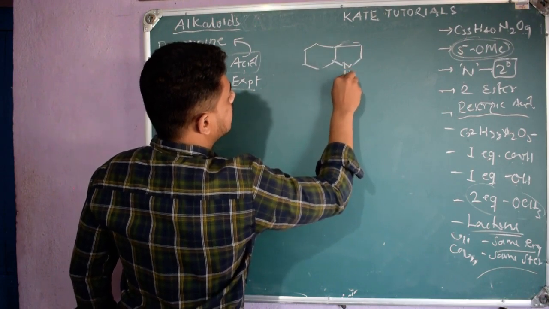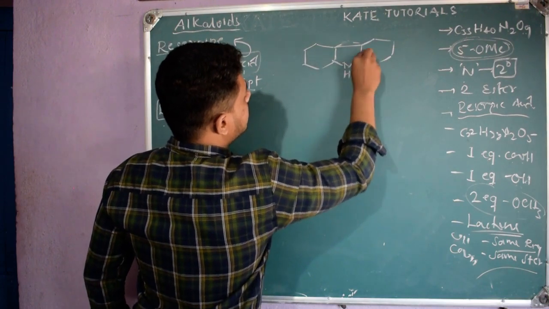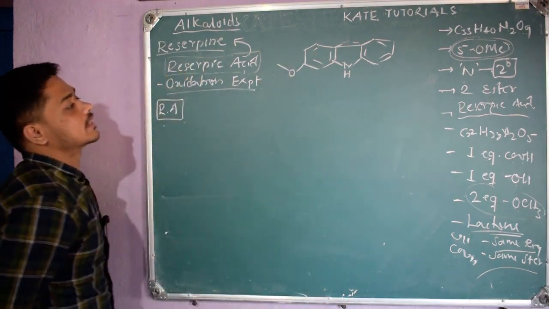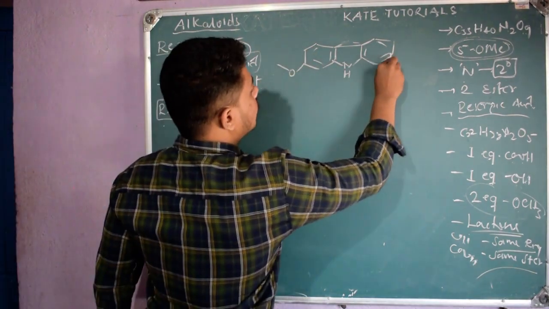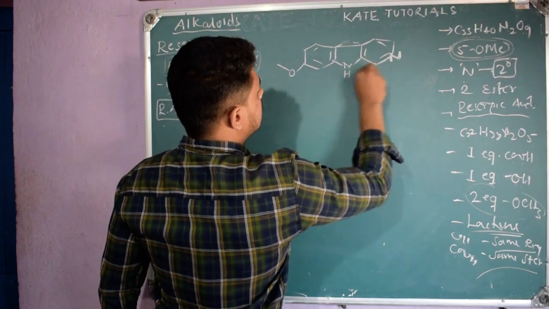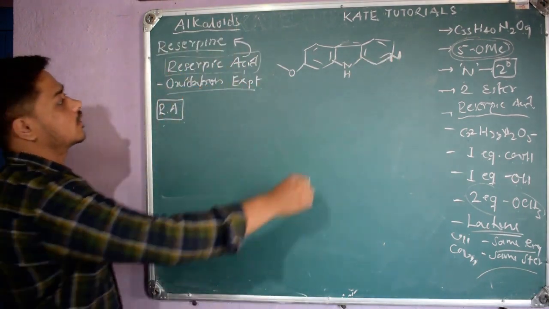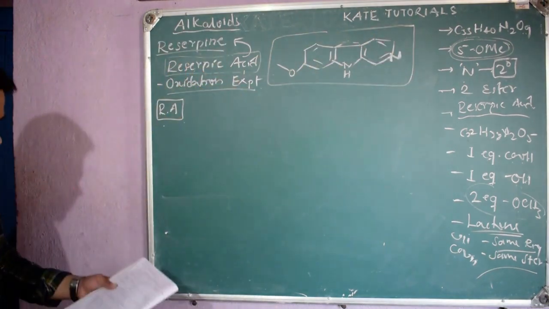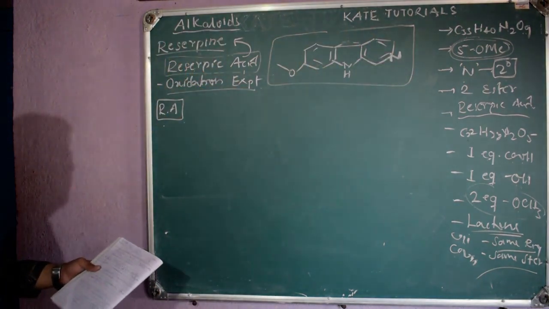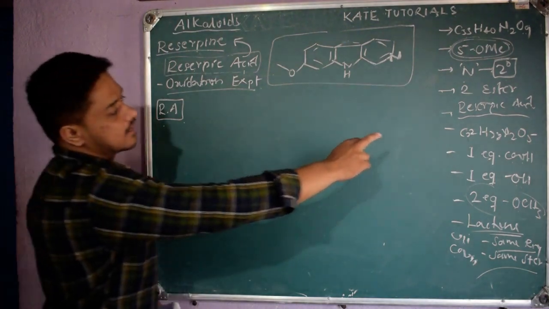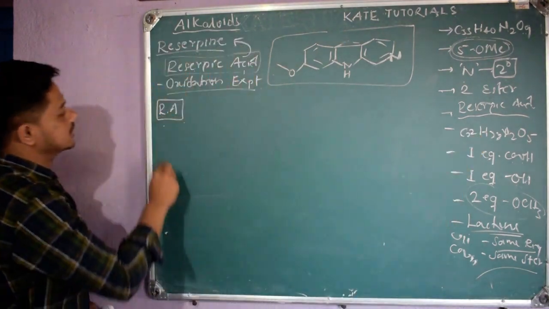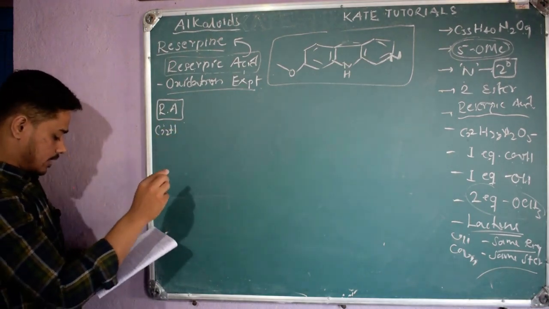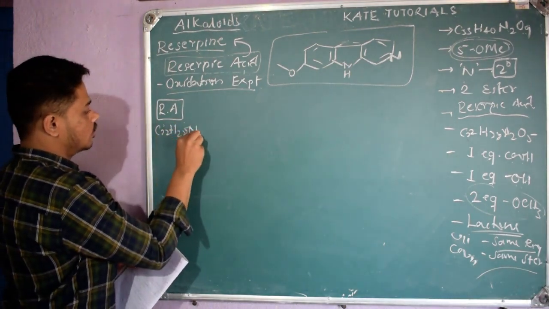Here NH is there, and again here a 6-membered ring, both are aromatic, and here OCH3, I just have to add OCH3, and here one more nitrogen, right? So they concluded it has got this kind of structure, right? So to give evidence for that, what they did, they took this reserpic acid, that is C22H28N2O5, right?